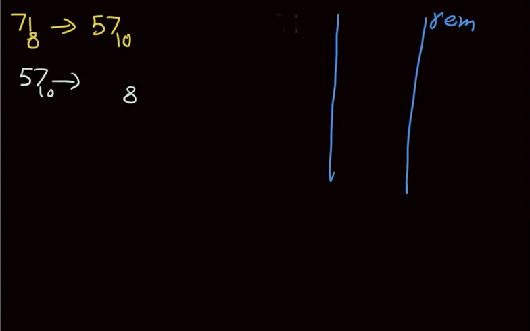Okay. So now I have number 57 here, and we want to get what is it in base 8. So that means from 57 we have to get 71, and that means the way that we calculated it would be right.